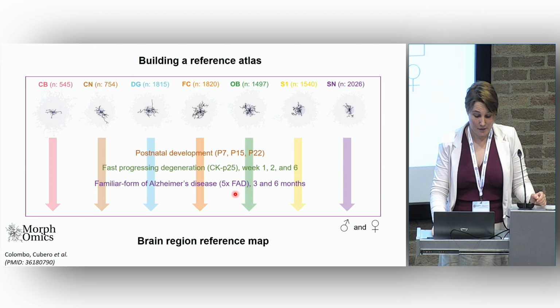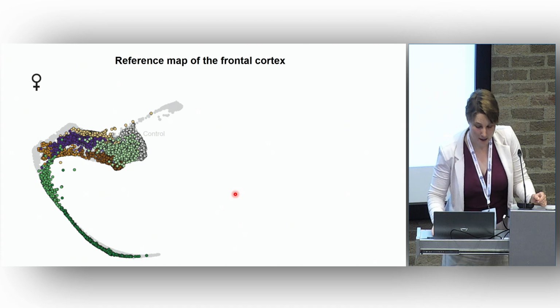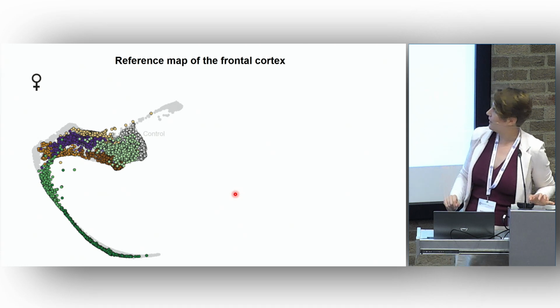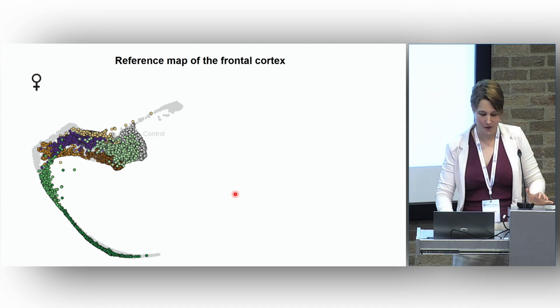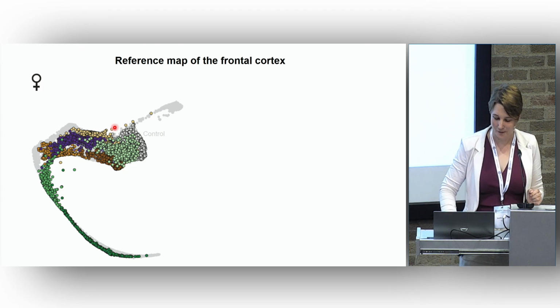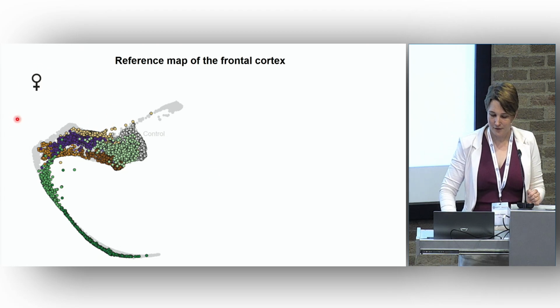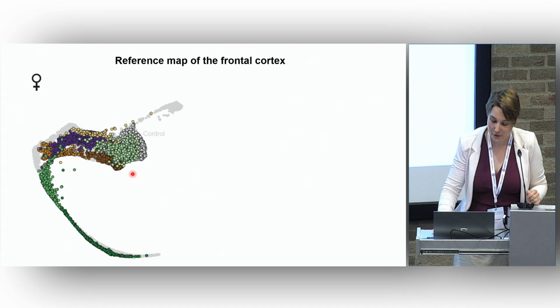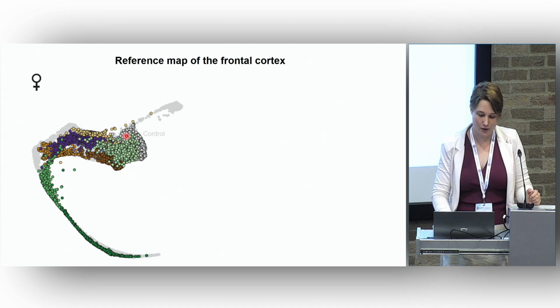And so we generated this map. Here I give you only one example map, of the frontal cortex, to see what we can learn from this. We have here the female microglia in the frontal cortex and the control cluster.